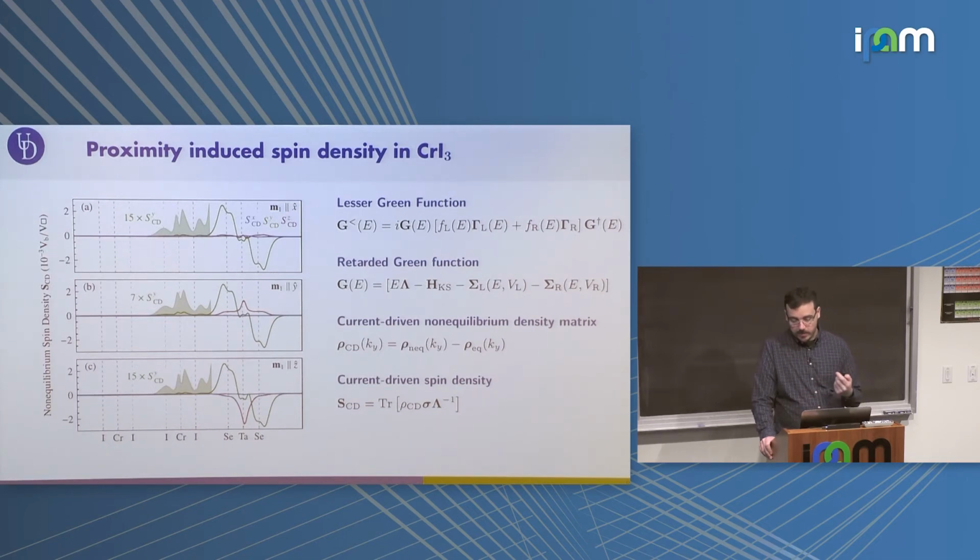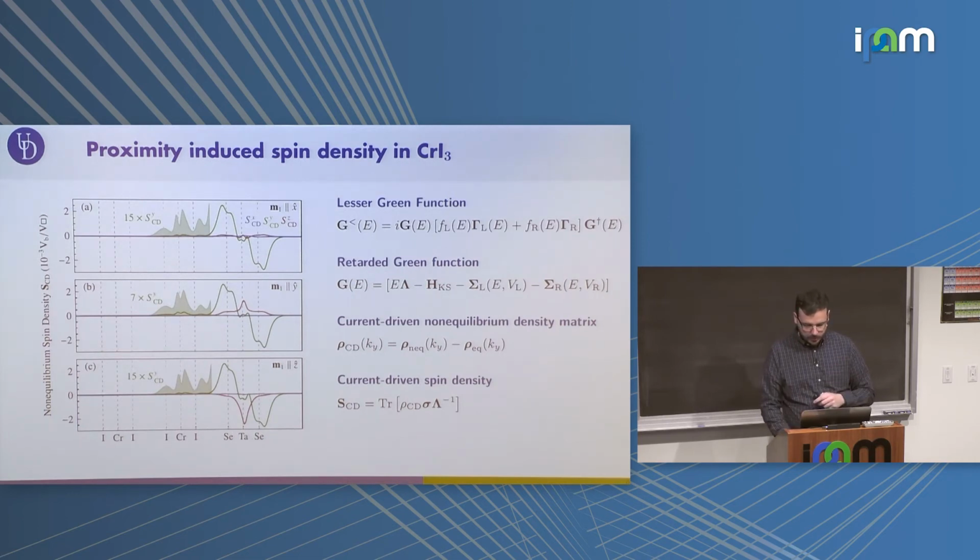If you integrate the lesser Green function, you will get the non-equilibrium density matrix. And with the density matrix, then you can measure any operator. We need spin density, so we just compute the trace of the density matrix times the spin operator. And this lambda is some sort of overlap matrix, because the orbitals are not orthogonal.